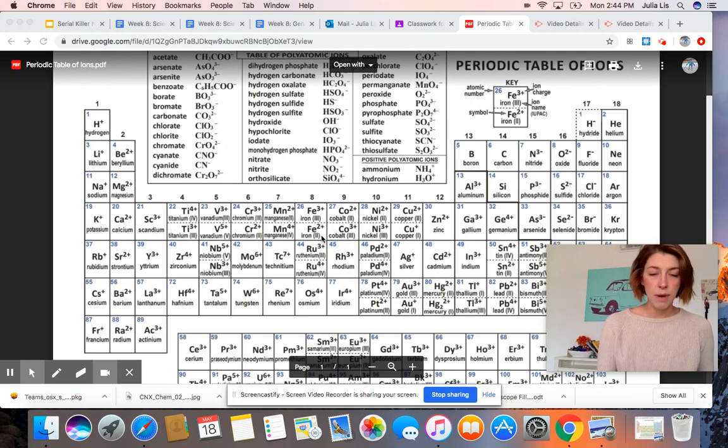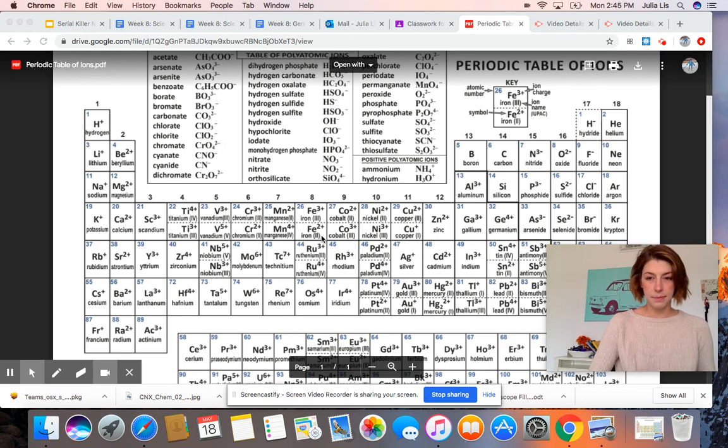So if I'm writing the formula for something with a multivalent ion, let's say I do iron sulfide.